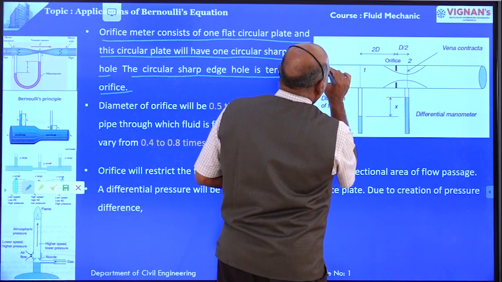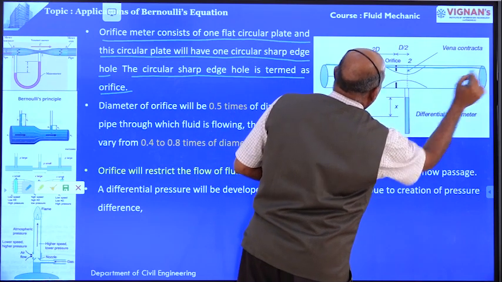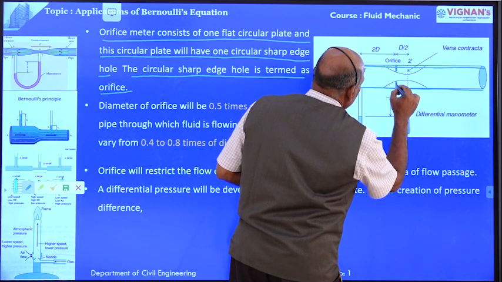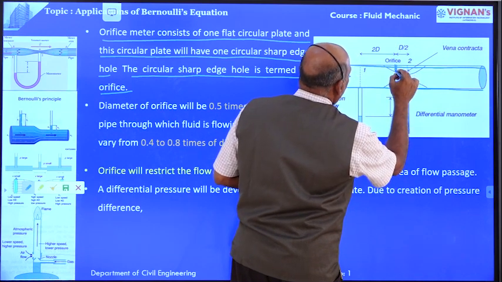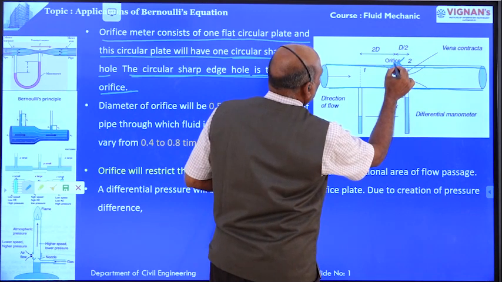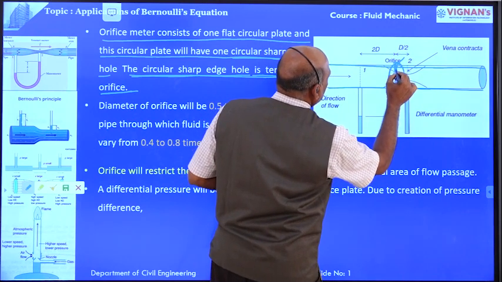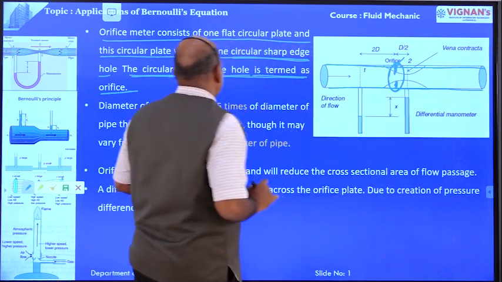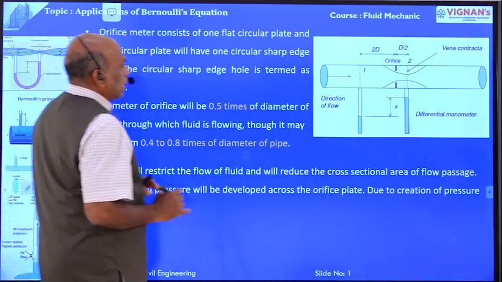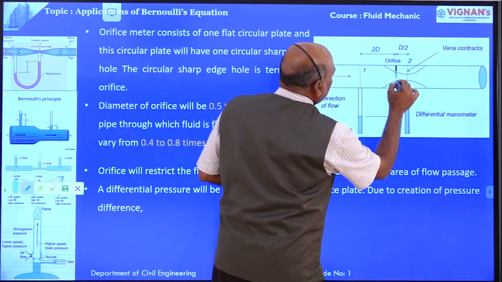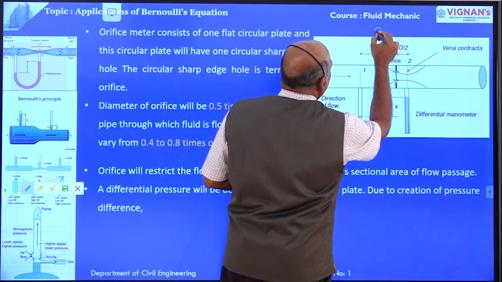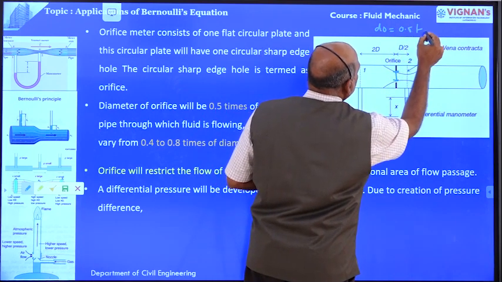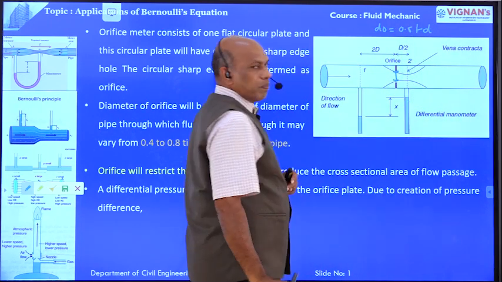This is the pipe. This is the orifice. This is the circular orifice. This circular sharp edged hole is known as the orifice. Right? The diameter of the orifice is 0.5 times the diameter of the pipe.